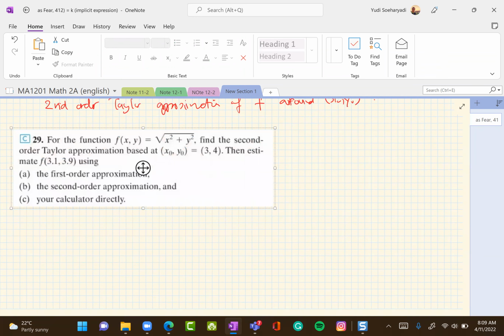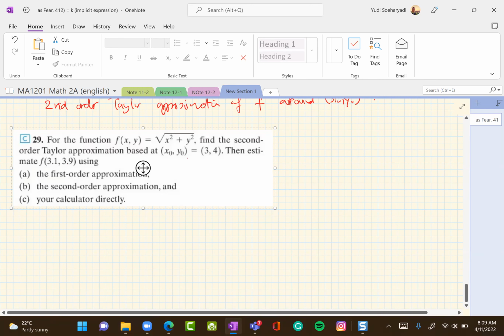All right. So given the function is like this one here, 1/2, not 1/2, square root of x squared plus y squared. Find the second Taylor approximation around 3, 4. So that's x naught, y naught. Okay. Estimate this one, f(3.1, 3.9).